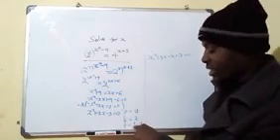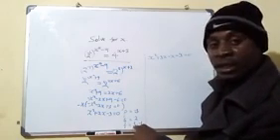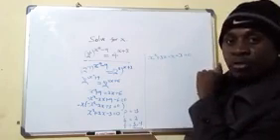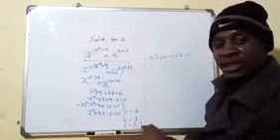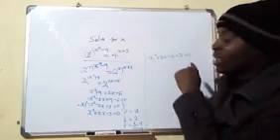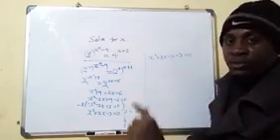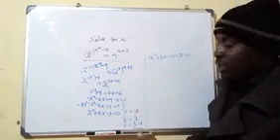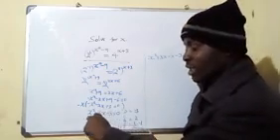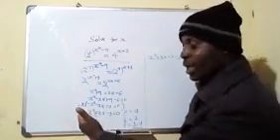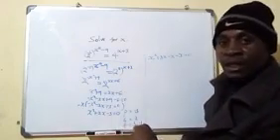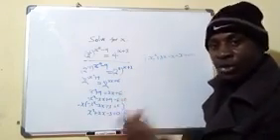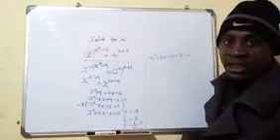In this case, this factor is positive 3, so my final answer will be x equals negative 3. Then this one is negative 1, so my final answer will be positive 1. When you are solving such a quadratic equation whose a is positive 1, the factors you get are the final solution, but with opposite signs.